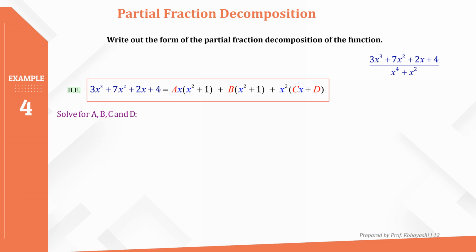You could still use the substitution method using any random x values to substitute into the basic equation. However, you cannot solve each unknown value directly, as you will have a system of equations. So I like to introduce the expansion method here.